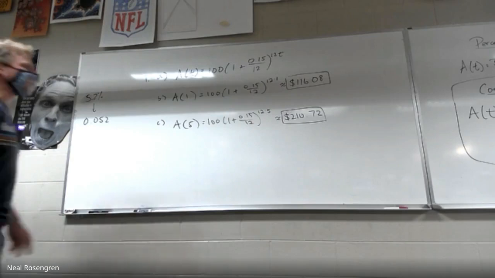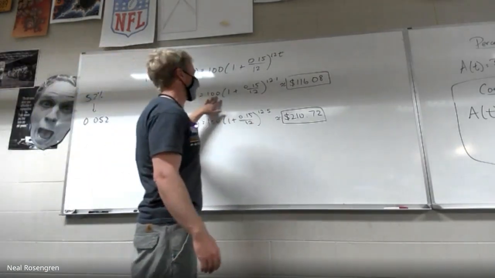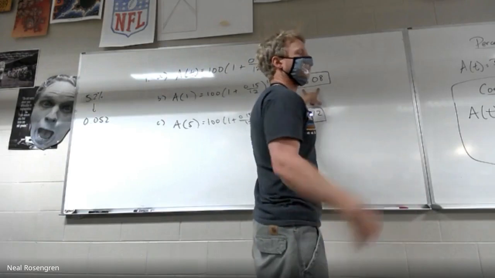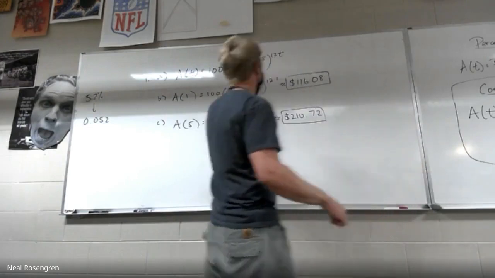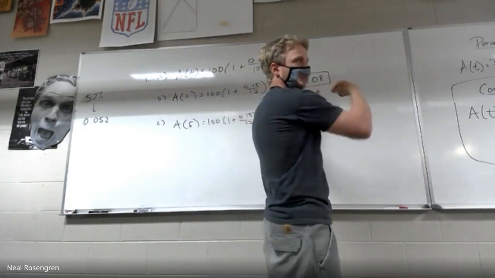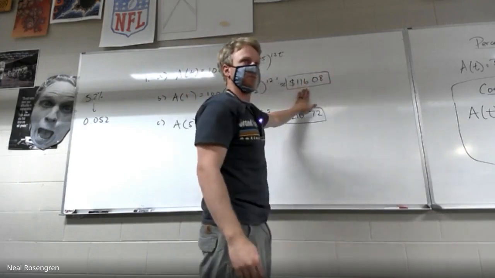Yeah. So the idea is that after 1 year, we turn $100 into $116. The next year, we're getting 15% monthly on this. We made about $16 in the first year.